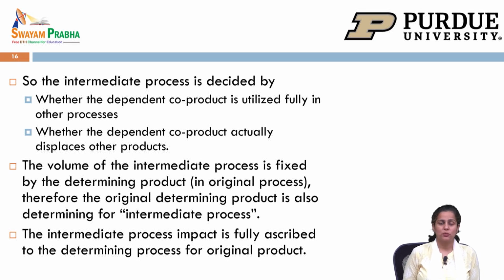So, here remember what we are doing is we are trying to identify what intermediate process will be needed so that we can utilize the co-product in another process. However, the volume of the co-product is determined by the original process that is making the product of choice, and therefore, your intermediate process scale is fixed by the scale of the original process.